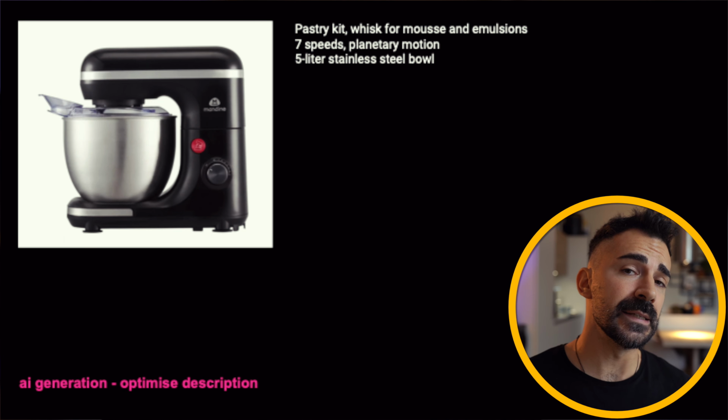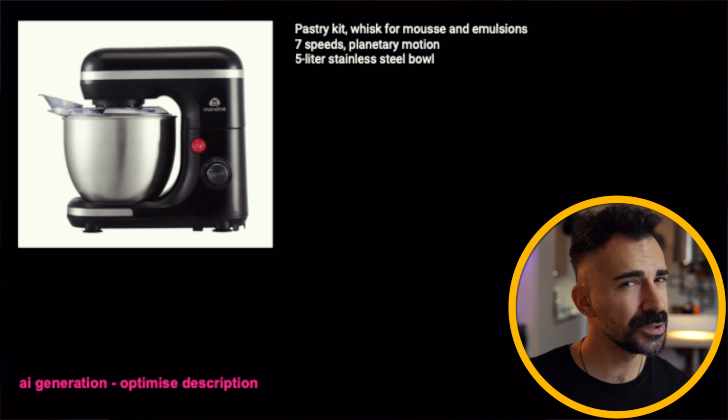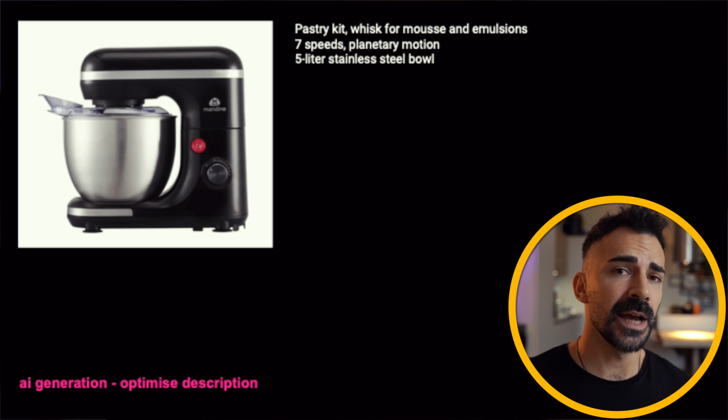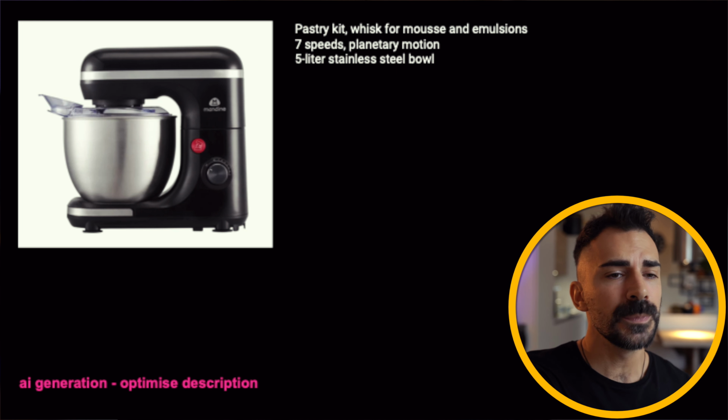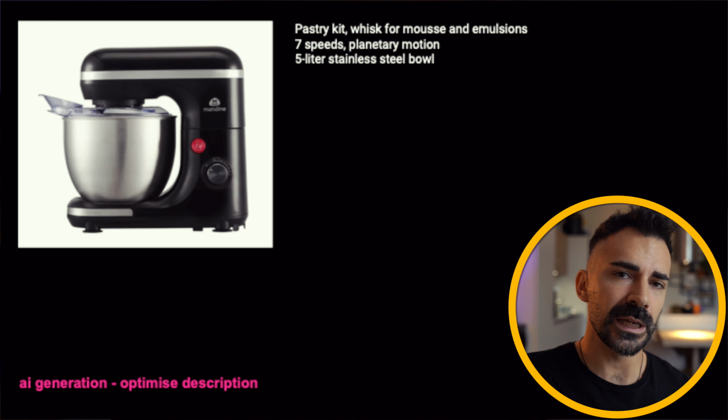Can we have more of this? Yeah, we can go deeper. So for example, we got this description starting, a still life image and a very basic e-commerce description. I'm sure many of you have this kind of description on your store. And we can ask AI to optimize this description based on the input image and the first, basic description that you had.